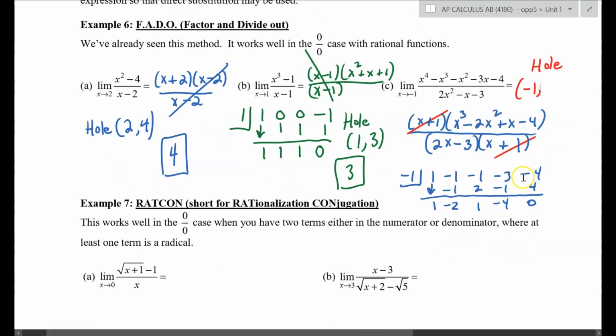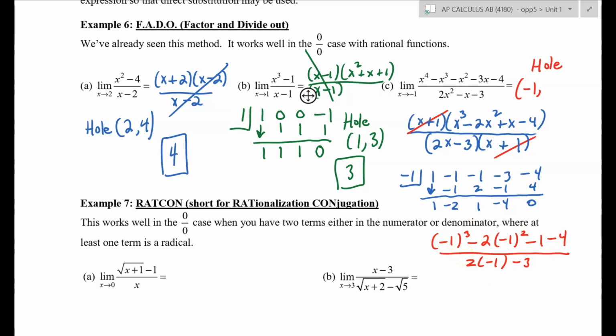Hang on, I'm just going to do it down here. -1 cubed minus 2 times -1 squared minus 1 minus 4 all over 2 times -1 minus 3. Now, if I asked you guys for the limit and it's a free response question, ta-da! There it is, right?